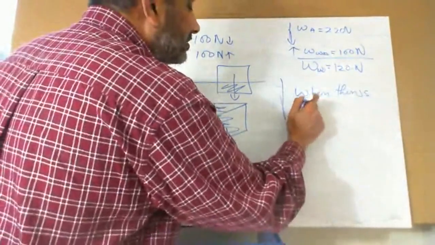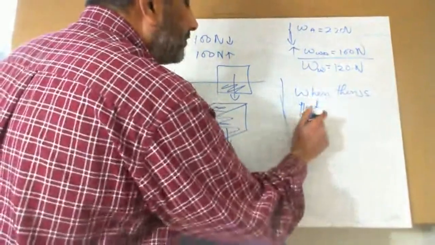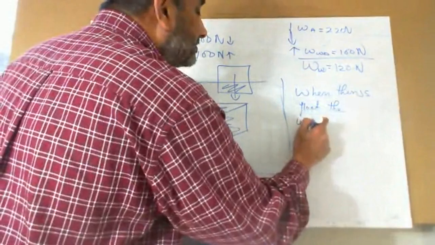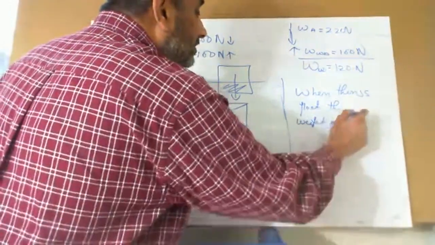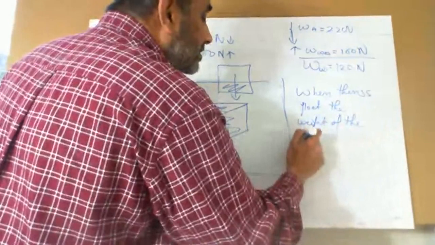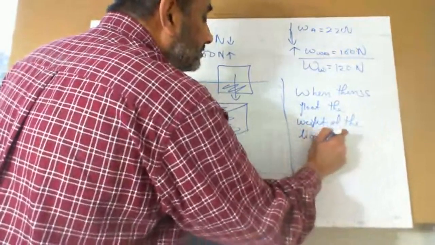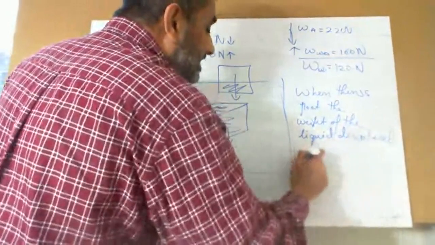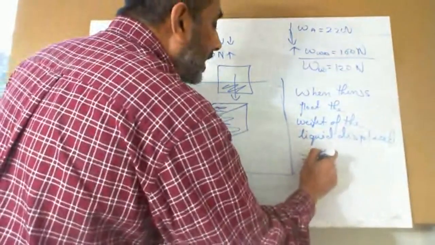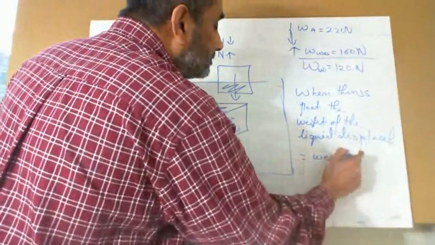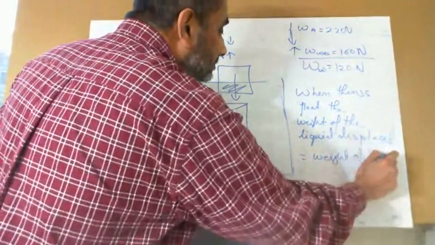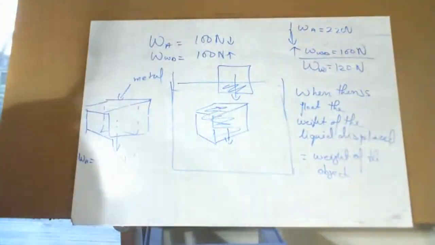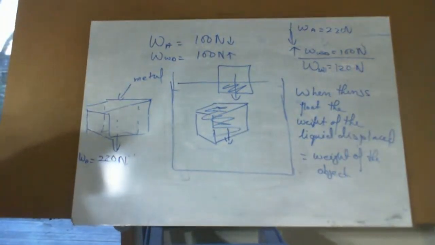When things float, the weight of the liquid displaced is exactly equal to the weight of the object. That's why you have flotation, right?